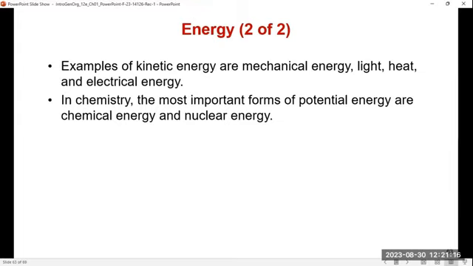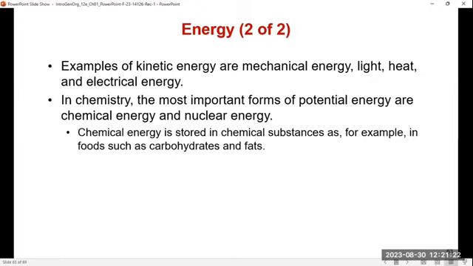Chemical energy is stored in chemical substances, as for example in food such as carbohydrate and fat. When you burn glucose from the carbohydrate that gets into your body, you produce energy, which is used as ATP for metabolism. Fat also is burned to carbon dioxide and water.